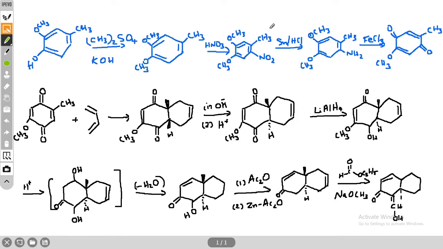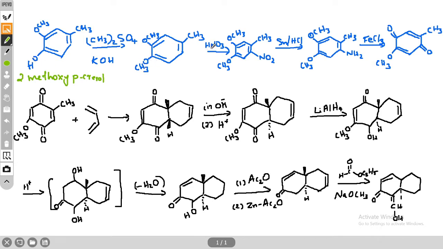The synthesis of cholesterol was started from 2-methoxyparacresol. When it is treated with dimethyl sulfate, the OH group is converted to an OCH3 group.